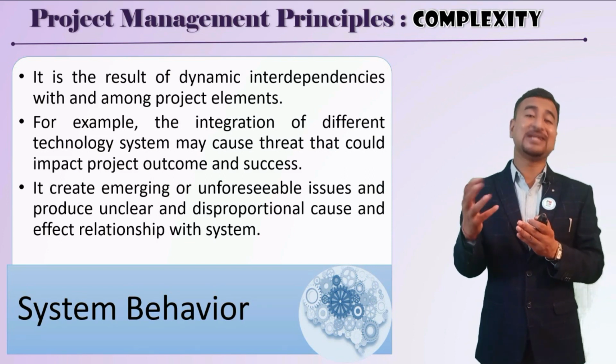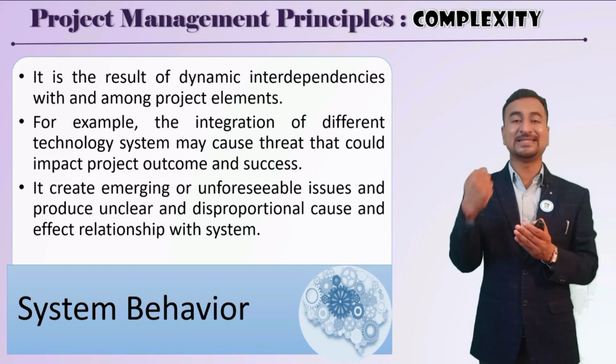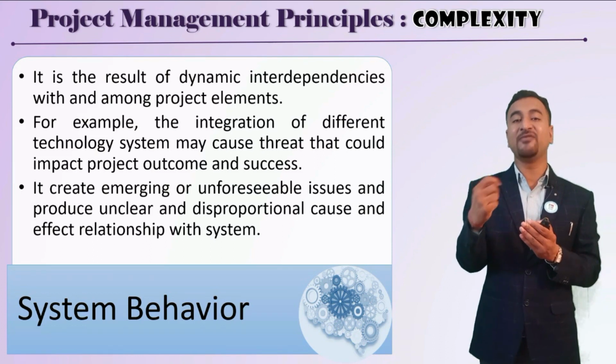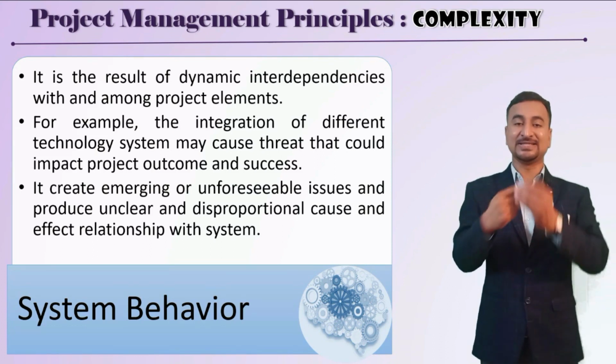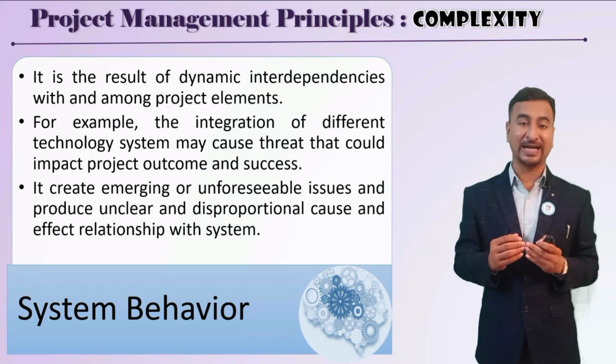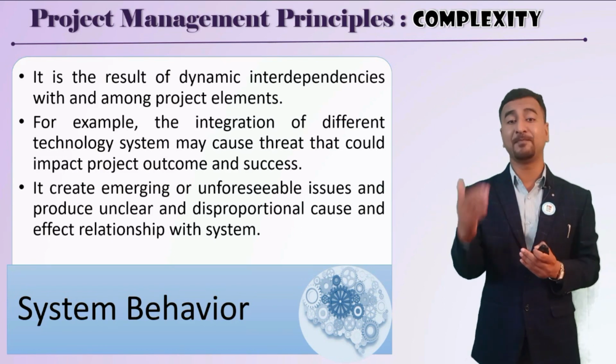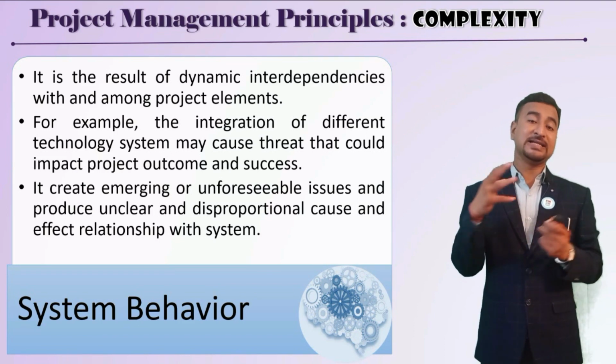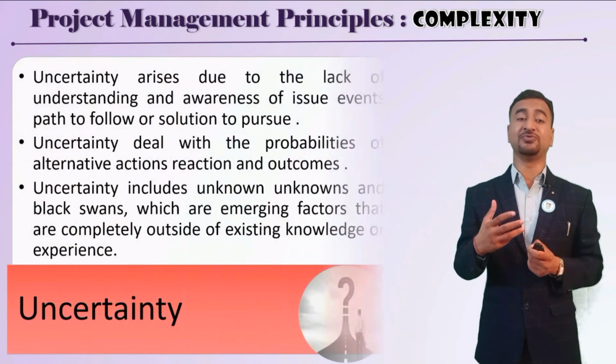I would even say that human behavior is more complex than system behavior, because in a system you can predict things and diagnose things, but human behavior is completely unpredictable, differs from person to person, and has many contributing factors.